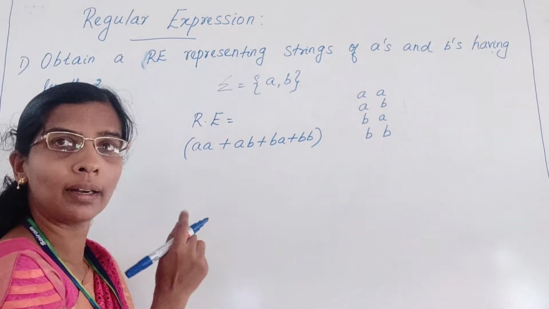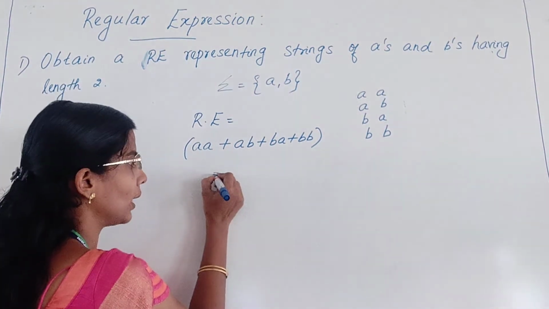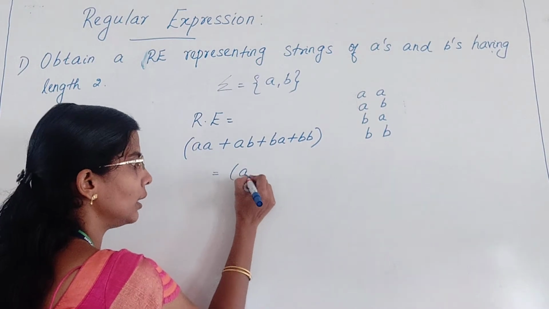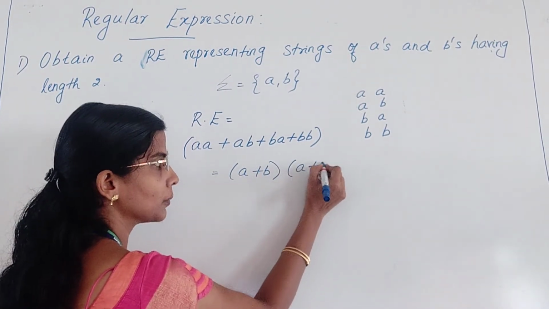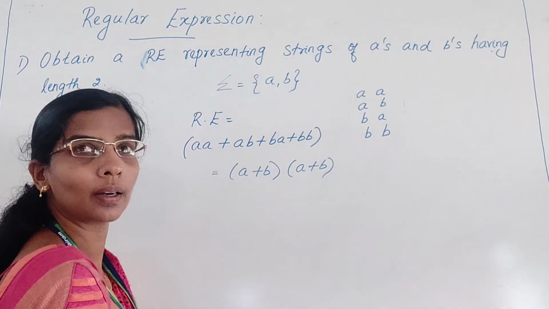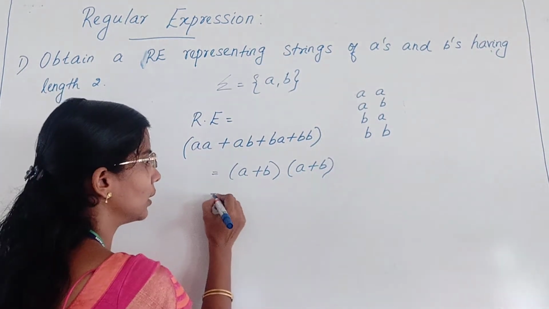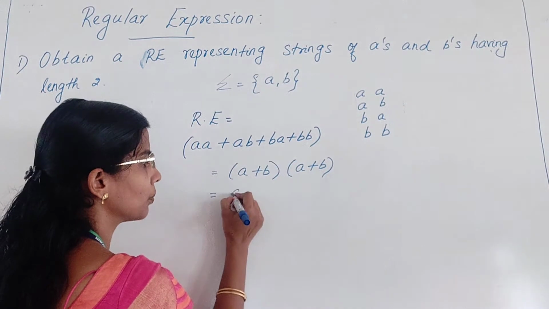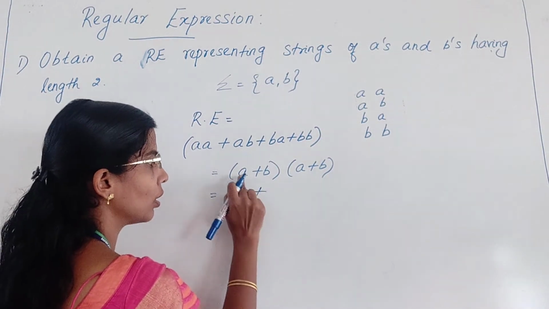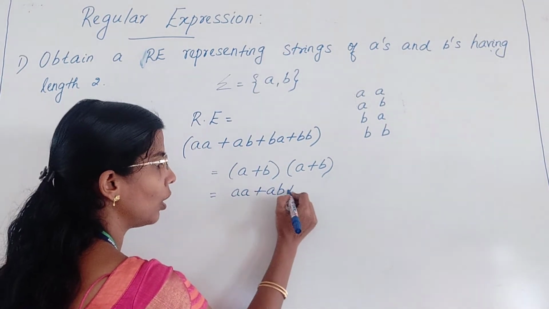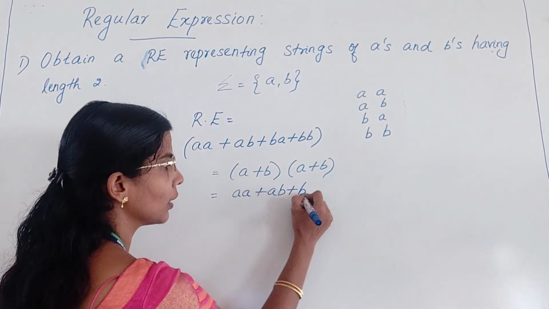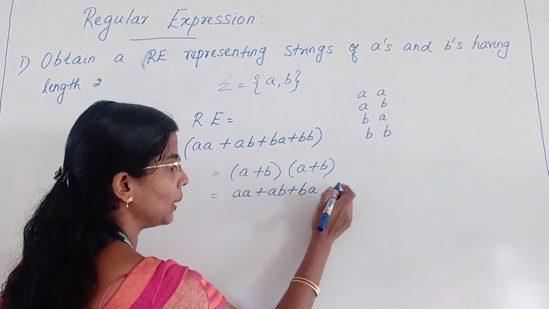I can write like this, or I can write (A plus B) 2 times. You multiply this: AA or AB or BA or BB.